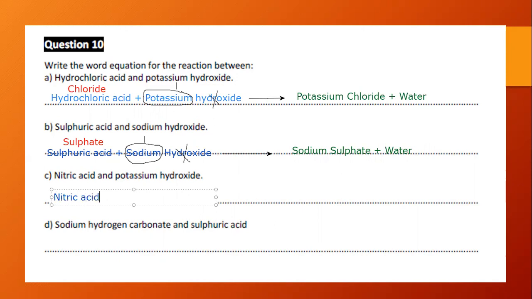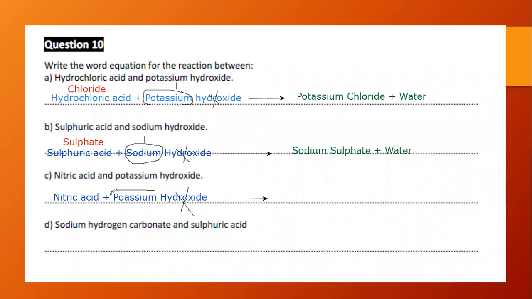Nitric acid plus potassium hydroxide. Okay, then I will make an arrow. And I know that the products will be a salt and water. Now, what is the name of the salt? Let's use again the same method. Forget about the word hydroxide.